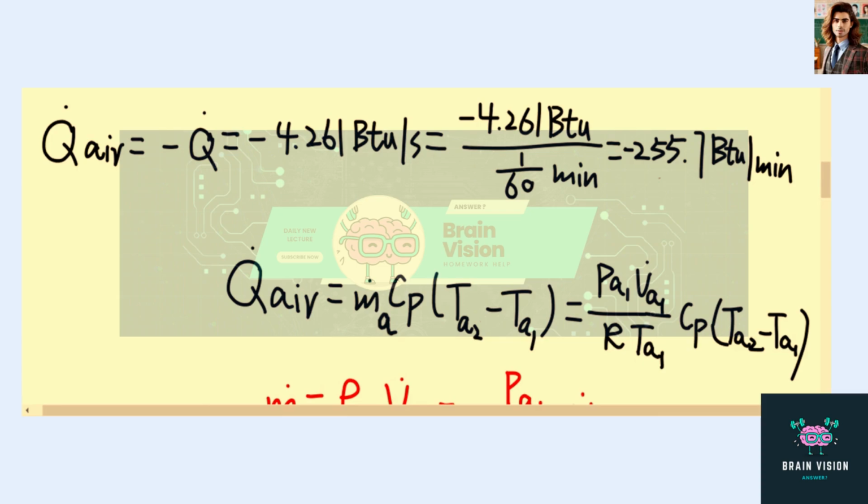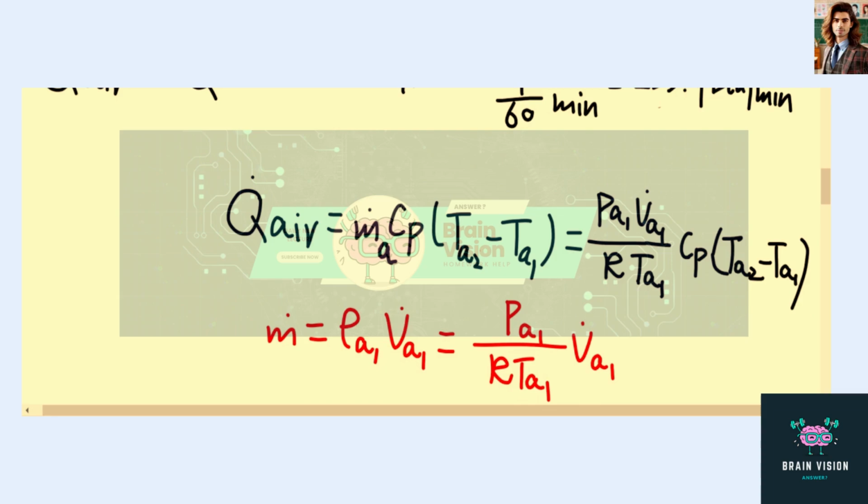Now we can apply this equation for the exit temperature of the air. Q dot air should be equal to m dot a times Cp times Ta2 minus Ta1. m dot a is the mass flow rate of the air, and Cp is the specific heat of the air. Ta2 is the final temperature, the exit temperature of the air. Ta1 is the inlet temperature, the initial temperature of the air. The mass flow rate m dot a is equal to rho a1 times V dot a1.